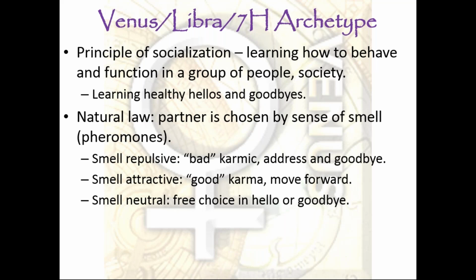The Libra and 7th house side of Venus also teaches us the principle of socialization. Learning how to behave and function in a group of people or a society. Aries 1st house through Virgo 6th house is self. Libra 7th house through Pisces 12th house is the other. So as the Libra 7th house archetype is the first archetype in the second half of the zodiac, or the circle, it is again the archetype that starts to teach us about relationships.